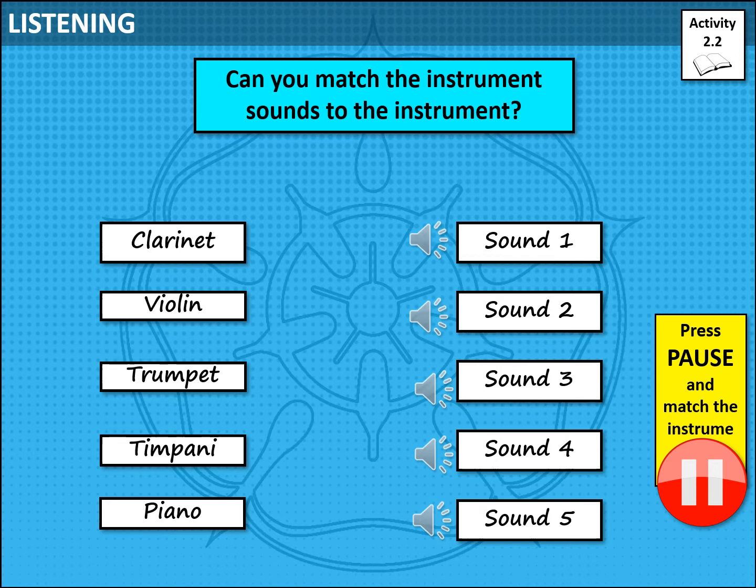Sound 4 again for the second time. And finally, sound 5 for the first time. And sound 5 for the final time.